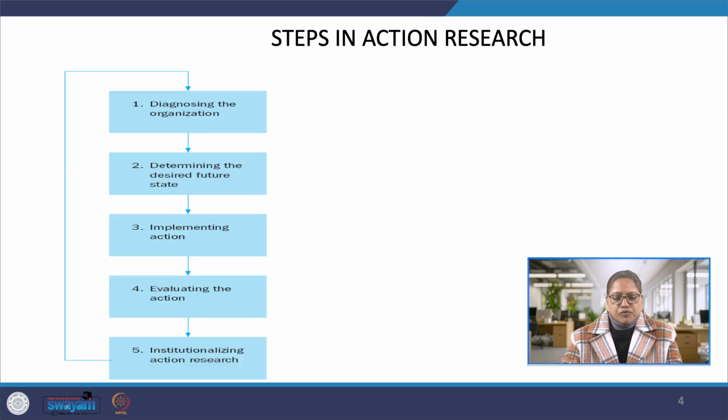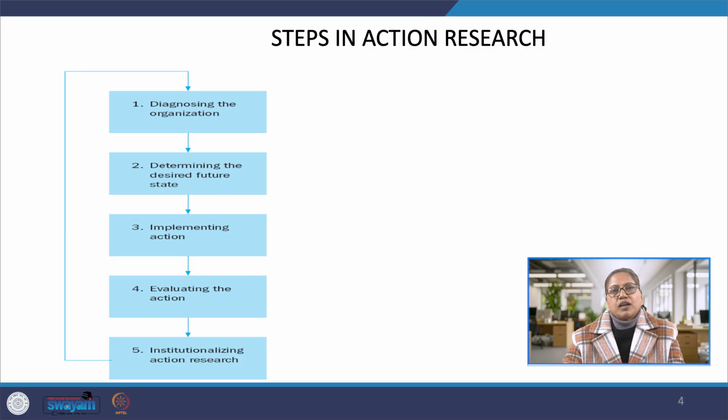The various steps in the action research model are diagnosing the organization, determining the desired future state, implementing action, evaluating the action, and institutionalizing the actions which have been proposed. So, these are the various steps in the action research process model of change.